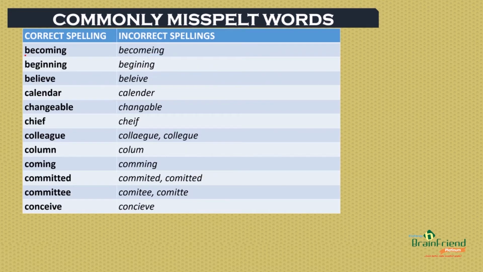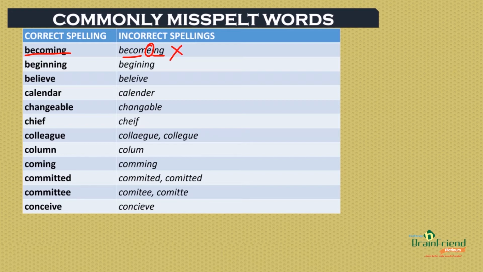Next, we have becoming, which is spelled as BECOMING, but it is wrongly spelled as BECOMEING. This is because it's the combination of become and then ing. So people mistake it and put the letter E, but it is wrong.